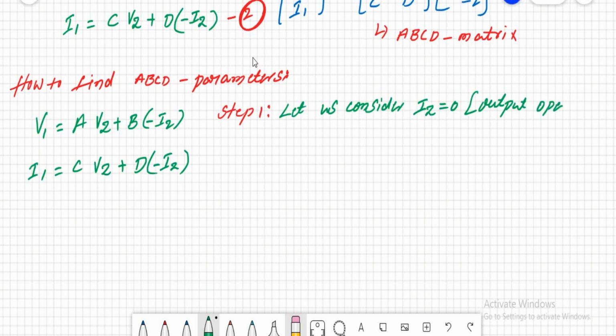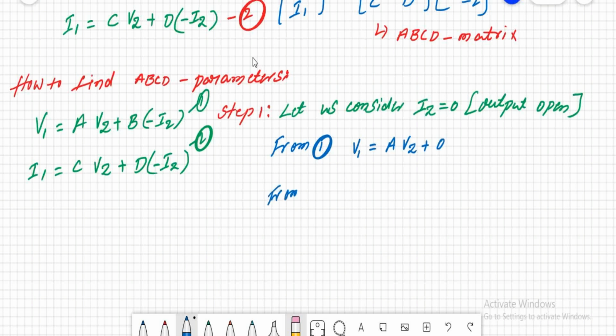This is your equation number 1, this is your equation number 2. From 1, V1 is equal to A into V2 plus 0.